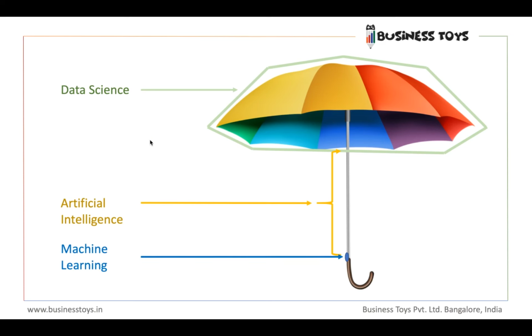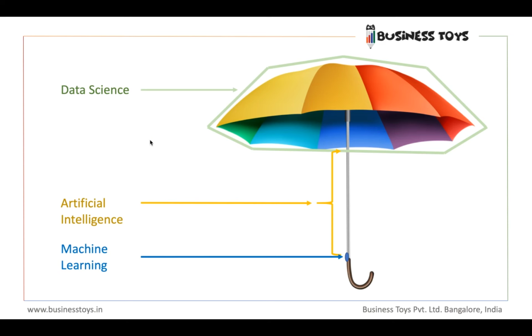Okay, so you should fit this umbrella in your mind. You should first understand that data science is a very big field. It's like science itself is a very big field, right? And inside science there are multiple other things which come, like engineering, like biology or whatever. There are different fields which are sheltered under the term science.